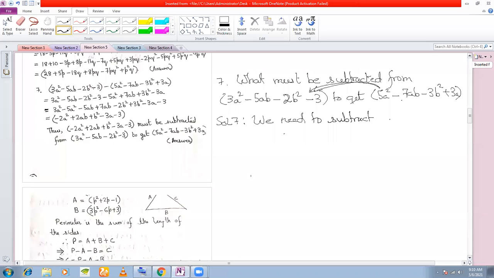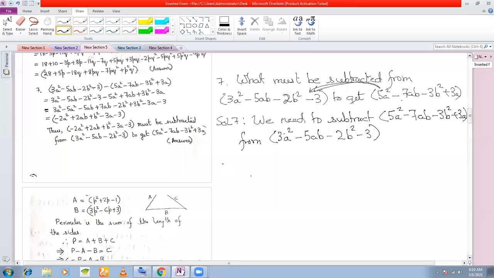So we need to subtract 5a squared, the second expression, from the first expression. Right?